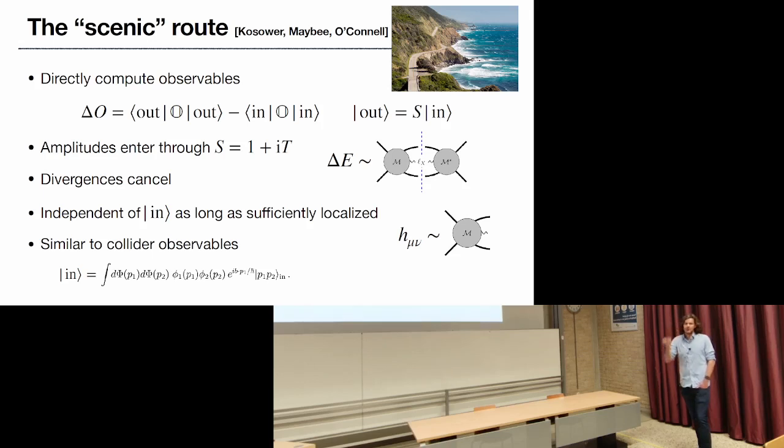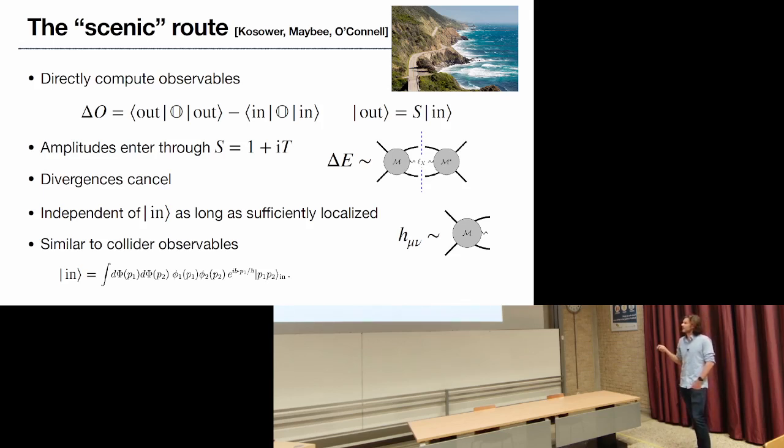The maybe more scenic approach, to quote the authors of this approach, is to go directly through observables. Then we know that all the divergences should cancel from the observables, and we can take the limit h bar goes to 0 just at the level of the observable. You can go through the steps very easily yourself.